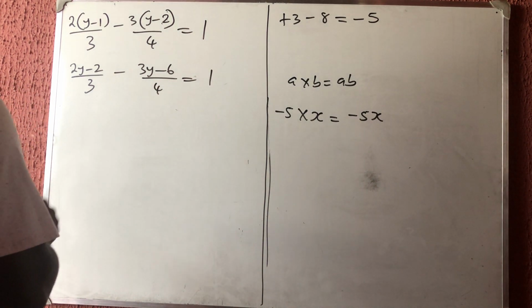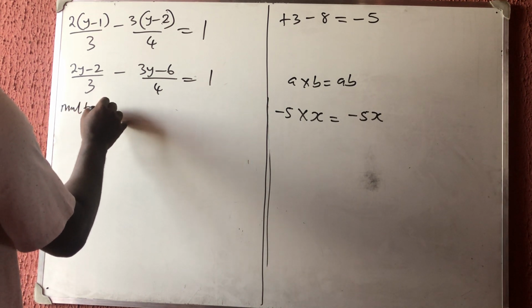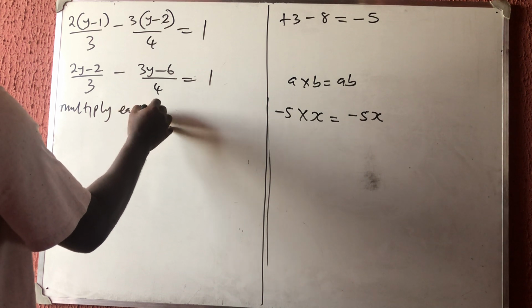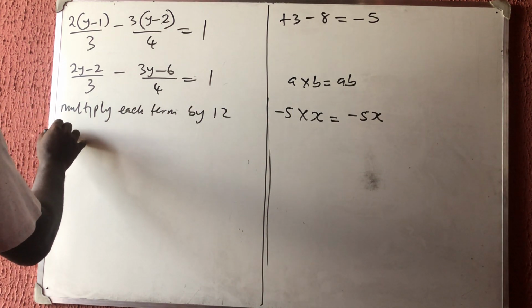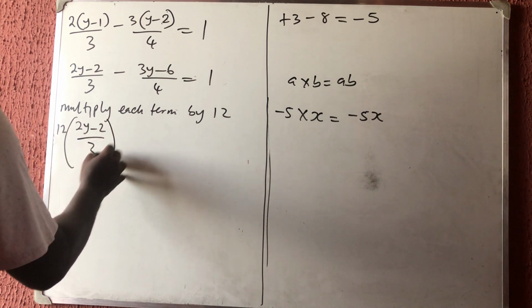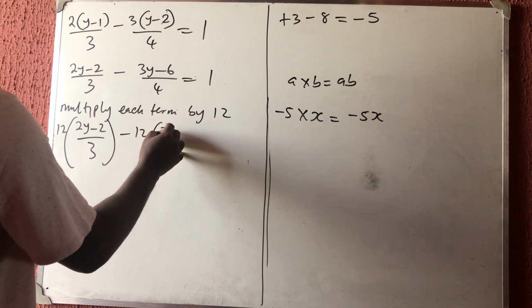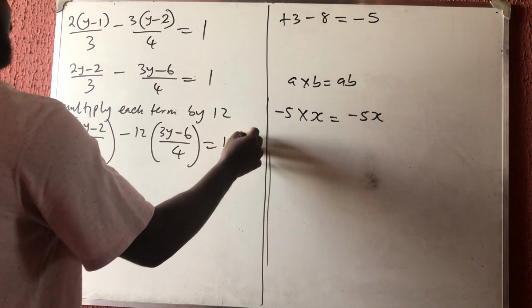Now the LCM is 12. So I will multiply each term by 12. So I will now have 12 in bracket of (2y minus 2) over 3 minus 12 in bracket of (3y minus 6) over 4 is equal to 12 in bracket of 1.